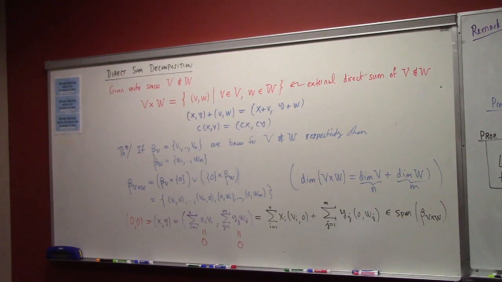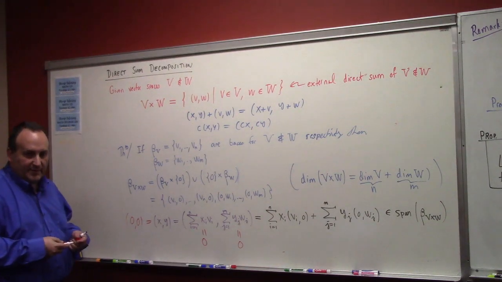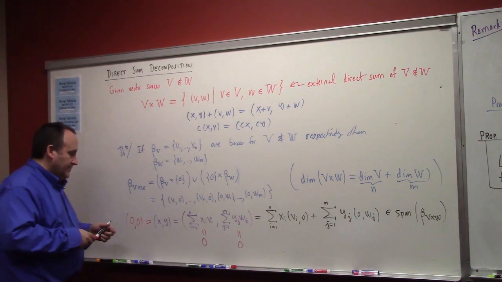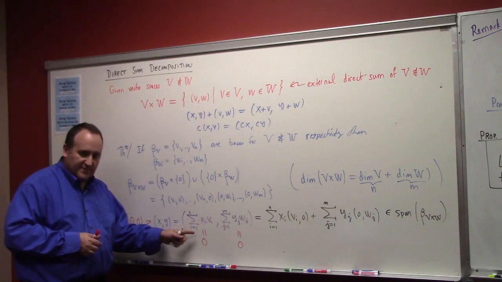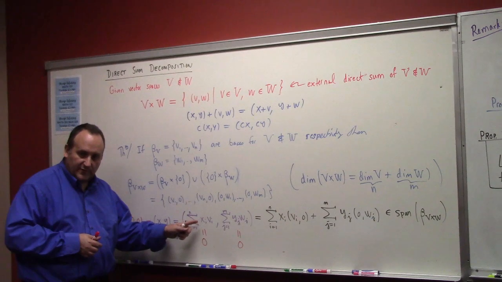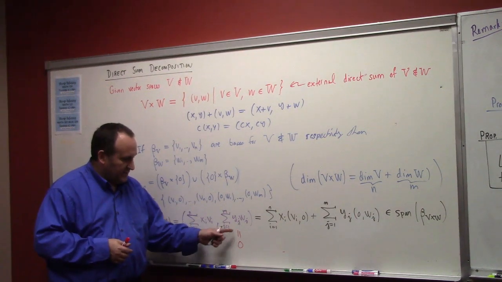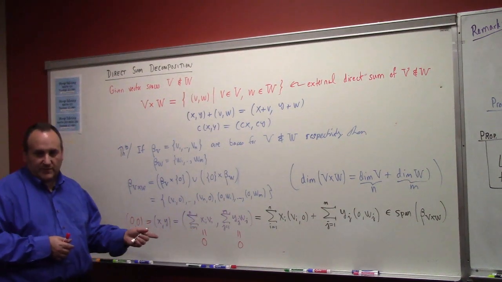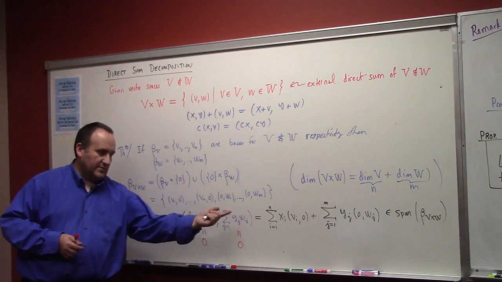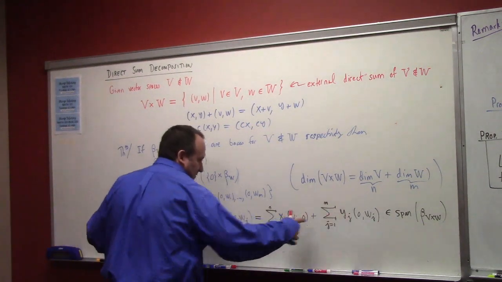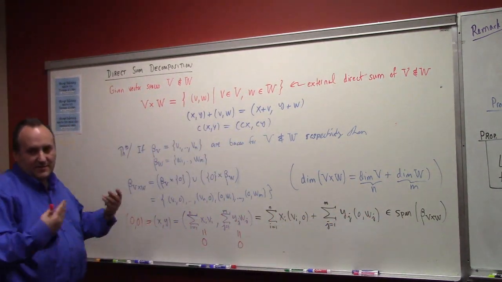There is a set theoretic construction for Cartesian product, which we never really talk about in classes. But if this is equal to 0, then linear independence of the basis of V gives me the vanishing of all the coefficients Xi. And then linear independence of the basis for W gives me the vanishing of all the coefficients Yj. Consequently, I have vanishing of all the coefficients, which means that setting this linear combination equal to 0 forces all of those to be 0. Linear independence is what we have.